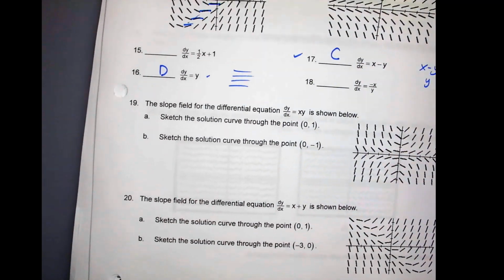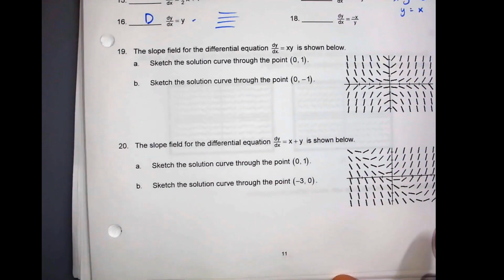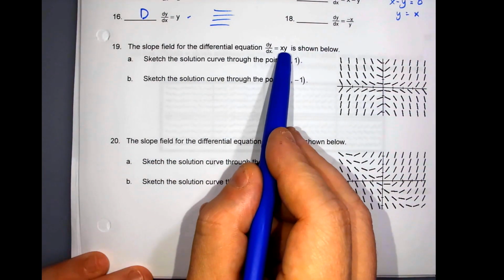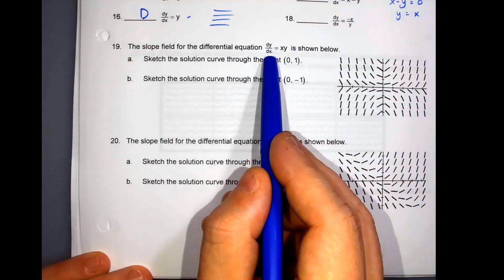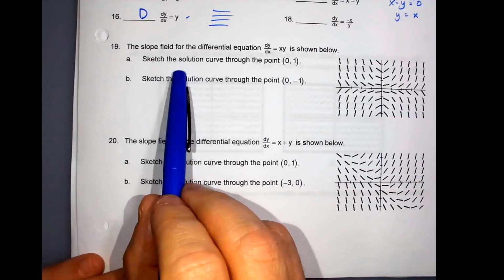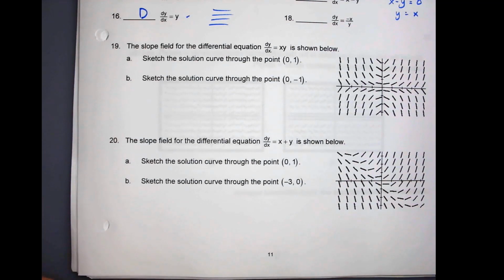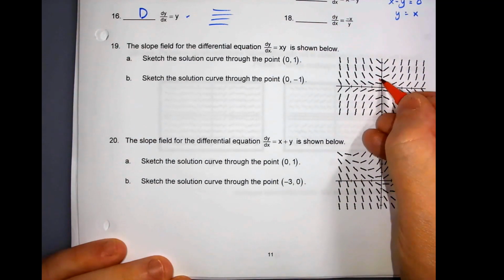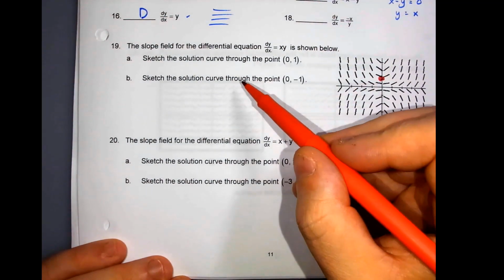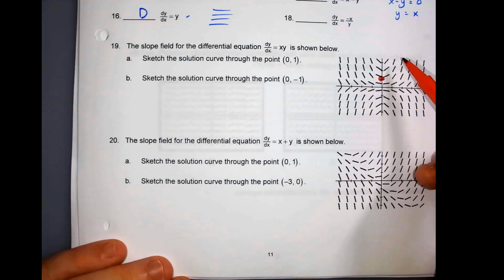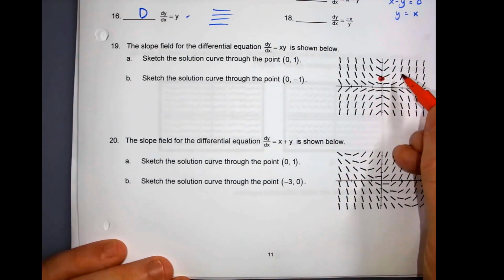Okay, so how could we apply this to a different type of problem? Here's the slope field for a particular differential equation given as dy/dx equals xy. Sketch the solution that goes through 0, 1. To sketch the solution that goes through a particular point, I'll go to 0, 1, and then I will use the tangent lines, the little slopes in the slope field, to tell me which direction the particle would move.